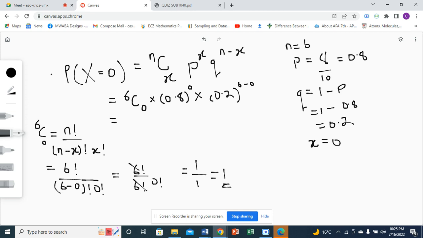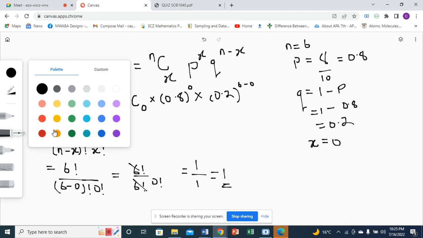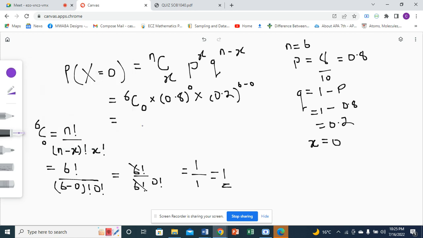0.8 to the power 0 is actually 1, not 0.8. Anything to the power 0 is 1. Times 0.2 to the power 6. What is 0.2 to the power 6?